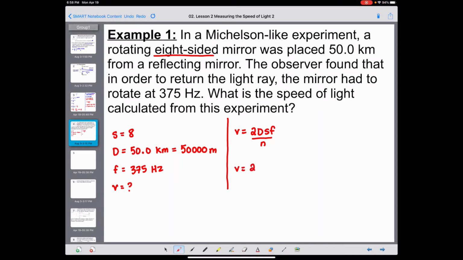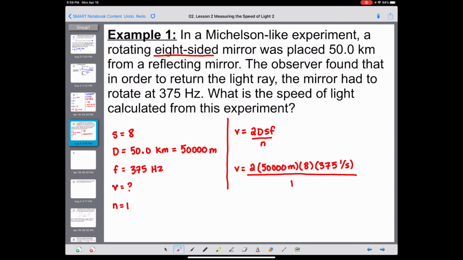So 2 times 50,000 meters times 8 sides times 375 hertz, which I'm going to write as 375 1/seconds, all over N. Now, if the question doesn't say how many sides the mirror shifts by, so in other words, you don't know if it's turning by 1/8 or by 2/8 or 3/8 in the time that the light goes there and back, you're going to just assume in that case that N is equal to 1 if it doesn't specify. So we'll say N is 1 here.